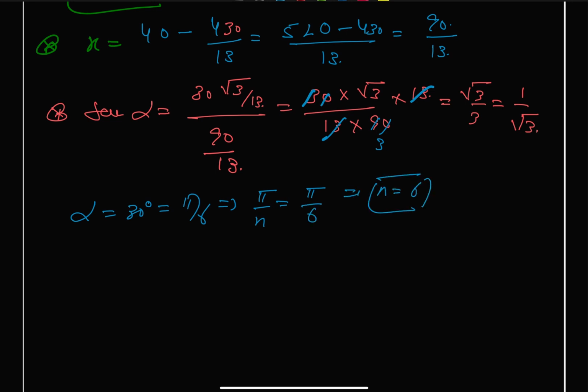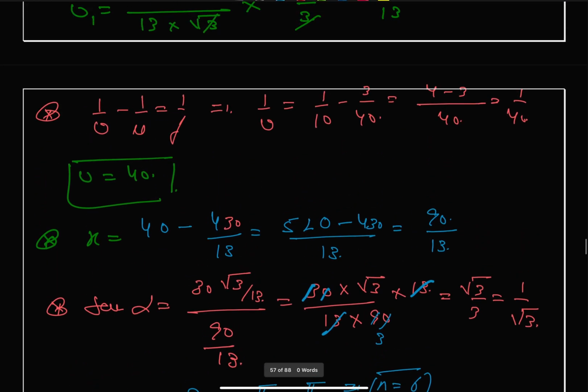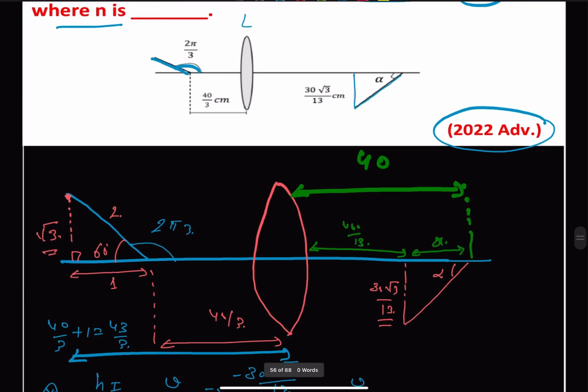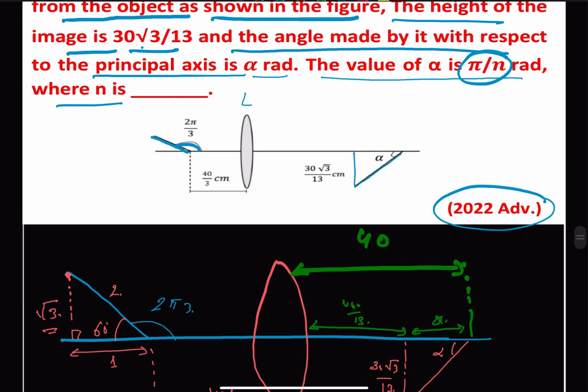Okay, that was my silly mistake. So we found out our value of n is equal to 6.